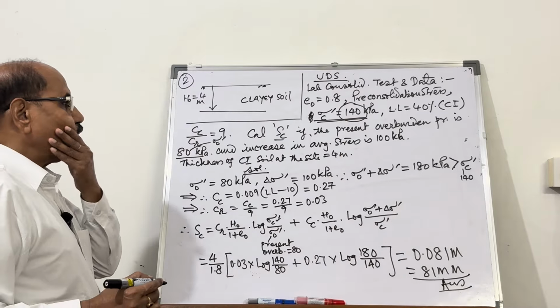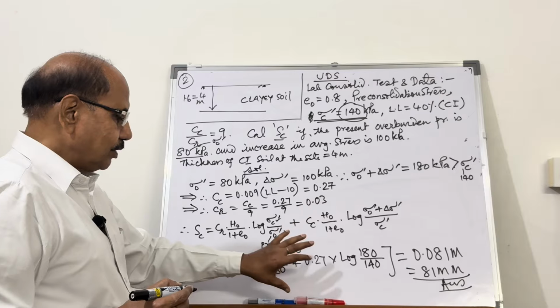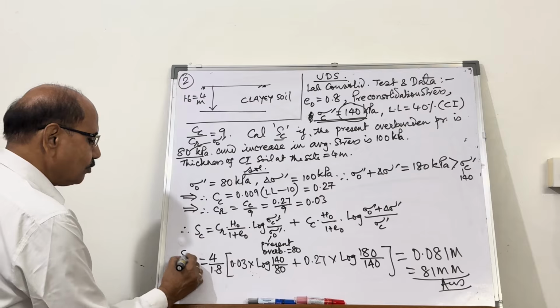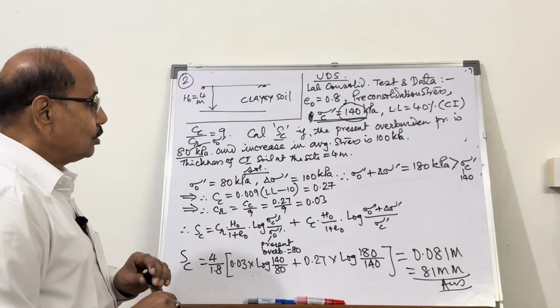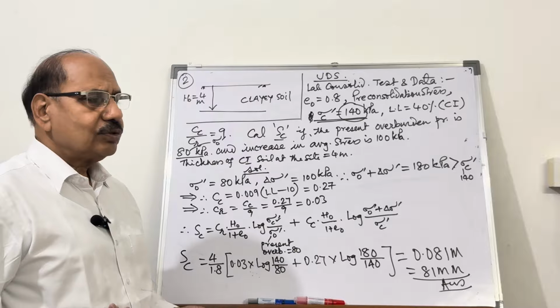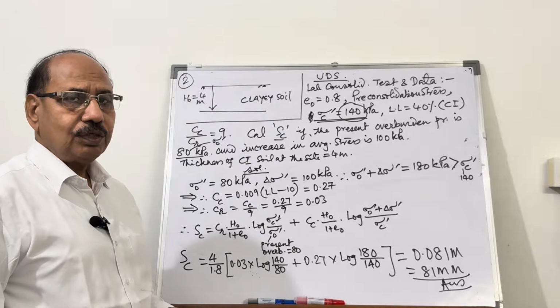And then for the normally consolidated NC soil mass, you can sum it up and find out the final value of SC, the consolidation settlement. So this is how the important problems can be solved. I will continue with all the expected problems, tougher problems, so that I can explain conceptually and solve them like this. So in the next video, you can expect a few important problems.